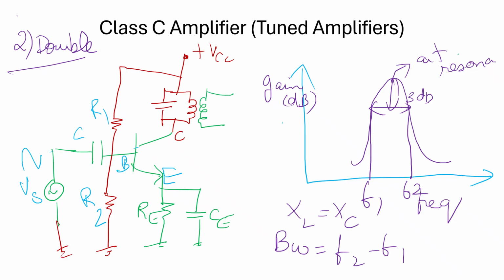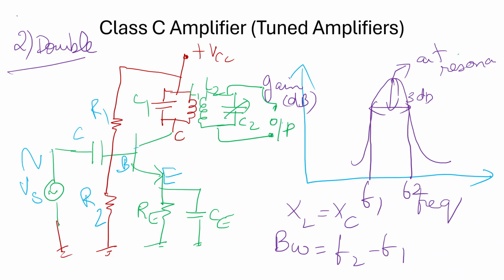Earlier we had the output signal directly from the secondary of the transformer, but here we are having L1, L2, C1, C2 capacitors, and from that we are trying to calculate the output signal.